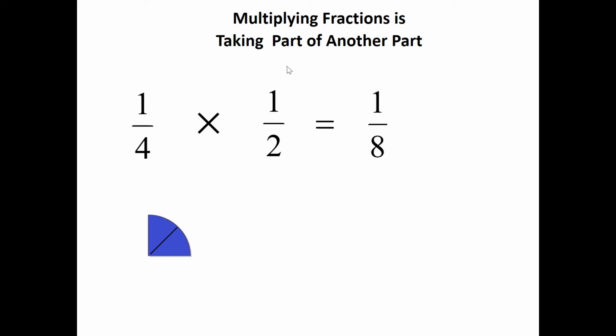Okay, ngayon pakita natin yung example nating number 2 kanina. Pakita natin sa figure. Ngayon ito yung 1/4 times 1/2 is equal to 1/8. So yung 1/4 dito na nasa left part times 1/2, kukunin pa natin yung kalahating parte niya.